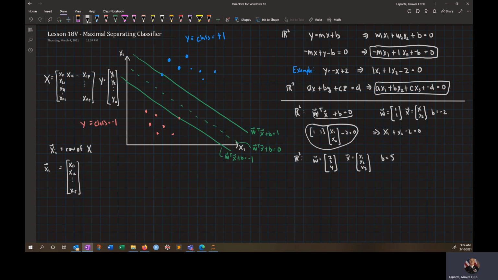Then if I write W transpose X plus b, now in R3, is equal to 0, it's the same exact format, except my W is now 2, 3, 4, X is x1, x2, x3, and then +5 is equal to 0. So again, rewrite that. It's just 2x1 plus 3x2 plus 4x3 is equal to -5.